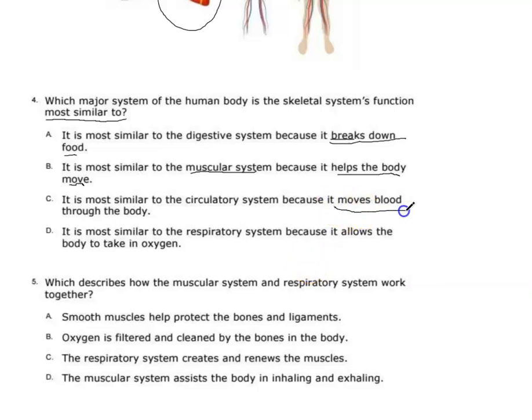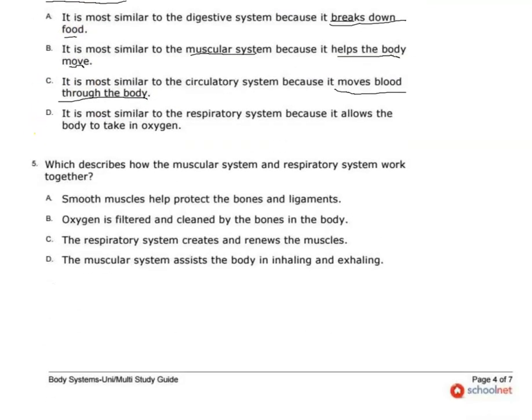It does not move blood. That is the circulatory, and the respiratory system takes in oxygen, so it's not that. So it's not similar to those. If you answered circulatory because the bones make red blood cells, I think that is a fair answer, but it says most similar to. What describes how the muscular system and the respiratory system work?